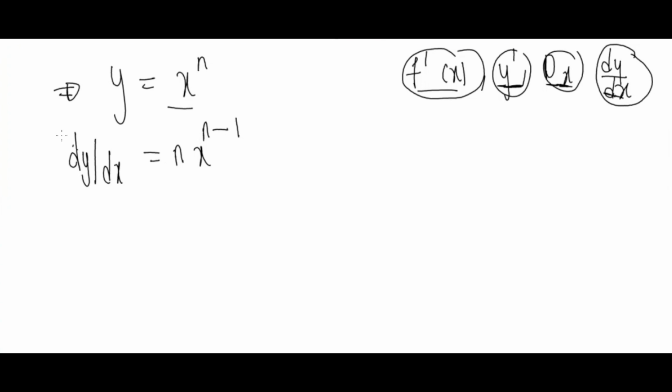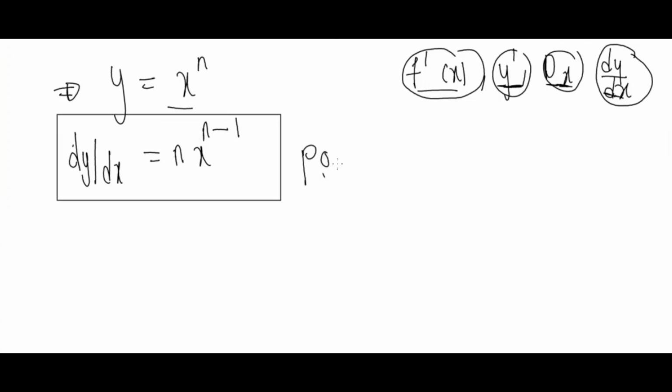We call this the power rule. You need to keep it in mind. It's very, very important. We are going to use it throughout, of course. So don't worry, we're going to do some examples using this power rule.